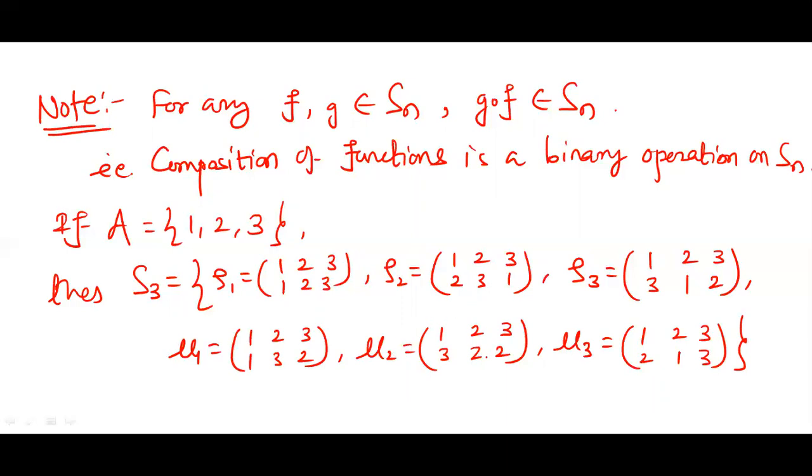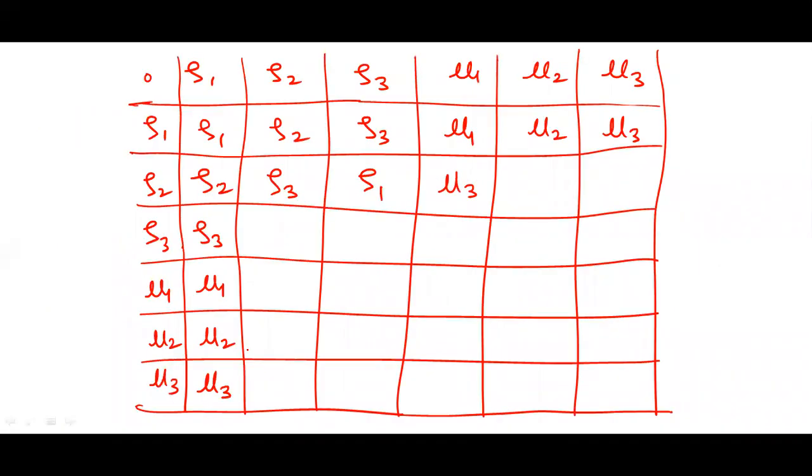Under mu2, 3 maps to 1, and under rho 2, 1 maps to 2. We made one mistake earlier; mu2 has 3 maps to 1. So rho 2 composition mu2 is mu1.